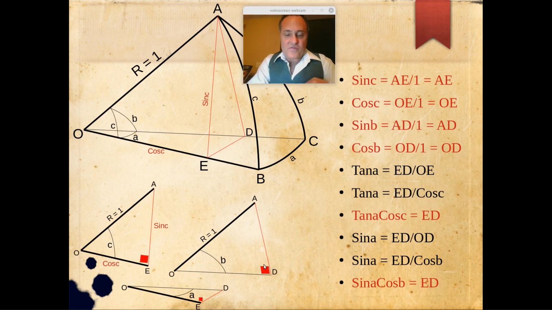ODA is right, and therefore we are justified in saying that the sine of angle B is AD over 1, or just AD. So the sine of B is AD. Here it is right here. And so we can put that in, and that represents that side. And the cosine of B is OD over 1, and that's this line from here to here. The length of that is cosine B.